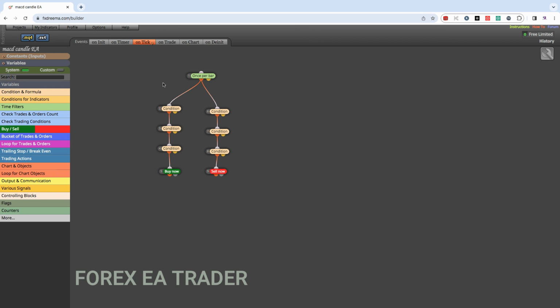Okay, if you have been following the videos that we've been doing, you notice that we're mostly focusing on the OnTick section, because that's where we put everything that we want the robot to do as the ticks are coming in onto our platform. That's why we've always been focusing on the OnTick section. But there are also these other sections that you can play with.